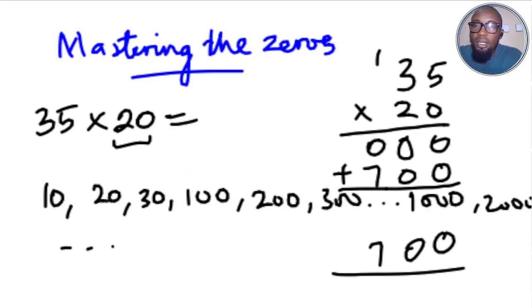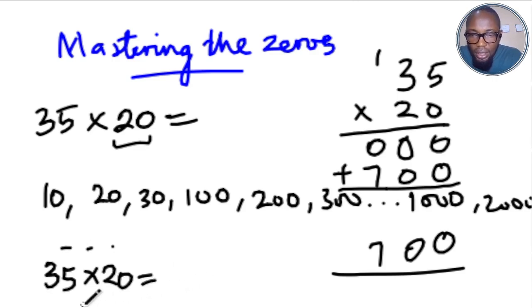So what do we do here instead? Instead of that, we do 35 times 20. Just start with 35 times 2.